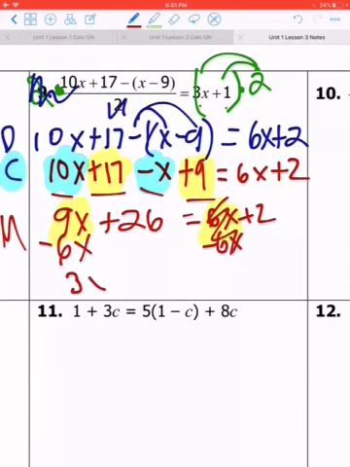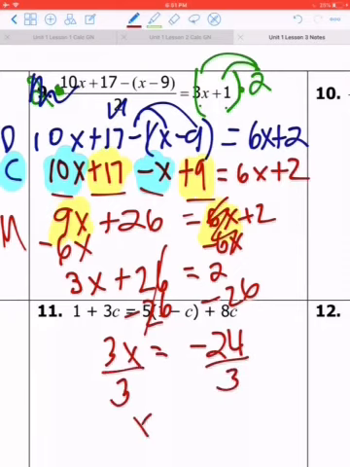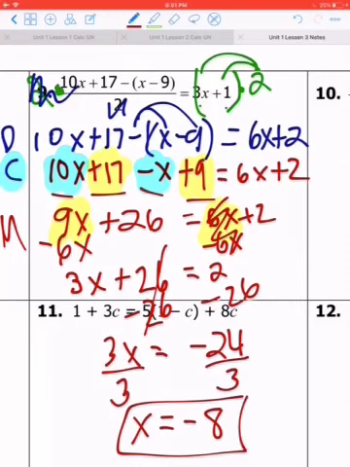Alright, so 3x plus 26 equals 2, and then minus 26, 3x equals negative 24, alright, and then dividing, x gives you negative 8, or x is negative 8, okay.